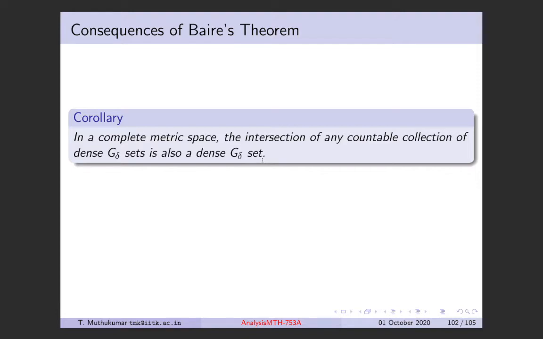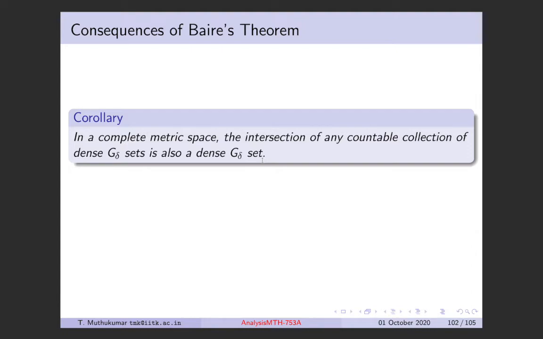So if you recall the definition of a topology, it has to satisfy three conditions. One of the conditions is that the arbitrary union of the sets should be contained in the collection, and finite intersection should be contained in the collection, right?